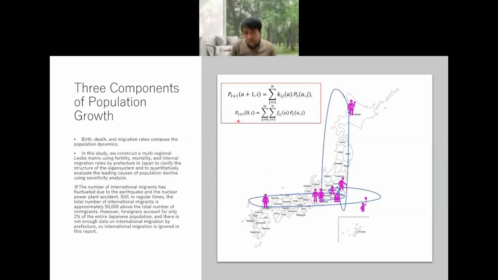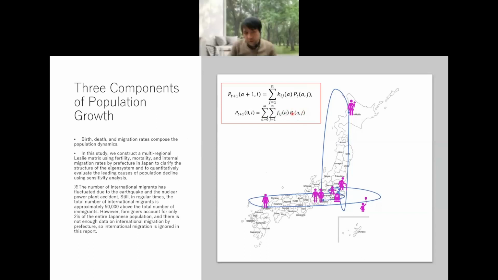So the newborns in I's prefecture at time T plus 1 are composed of each population in J's prefecture and the prefectures' contribution to the whole population of ages and the population in all prefectures.